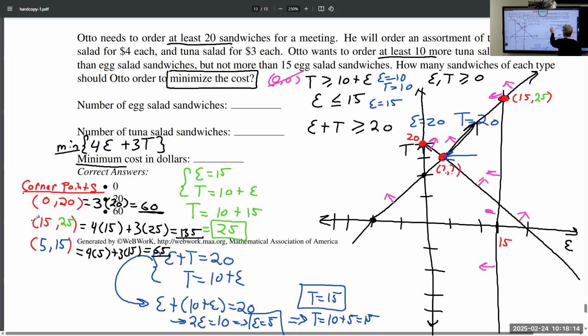The minimum was $60, and that came from 0 egg sandwiches and 20 tuna salad sandwiches. The reason I used a graph was to find the corner points. That was the only purpose to use the graph at all, was just where are my corner points.